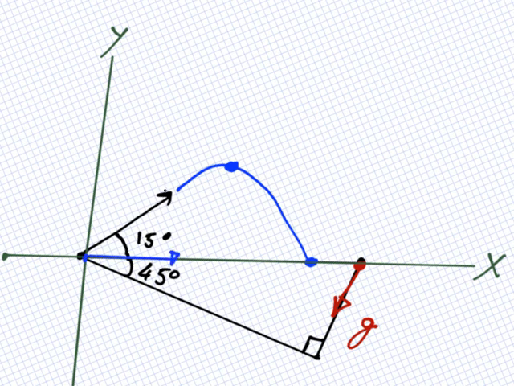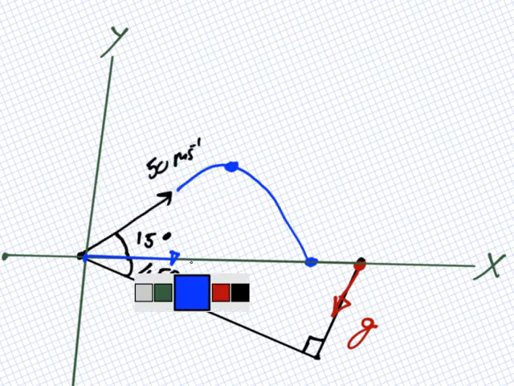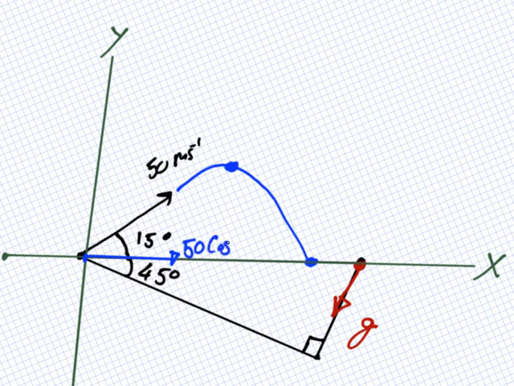Did I give you the speed here? 50. So this one here is 50 cos 15. And then this one here, 50 sine 15.